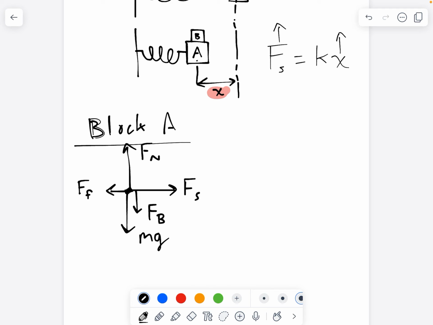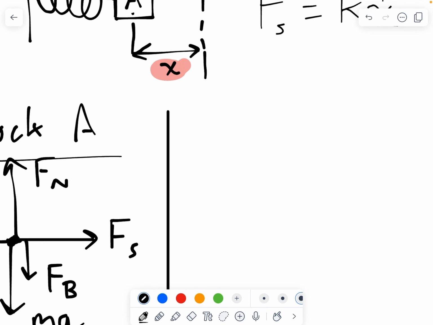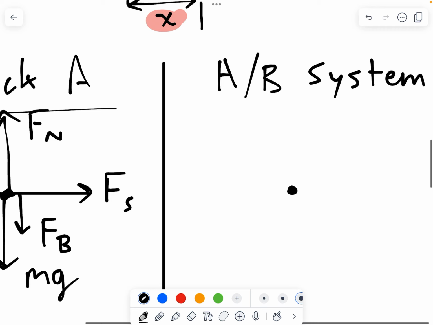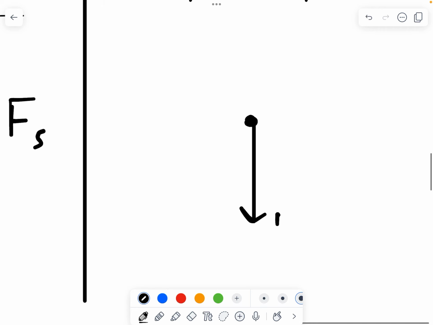A simplified version of the situation would be to look at it as a system. So let's say the A, B system. That's the two blocks and the spring acting together, or just the forces on the two blocks. Now we have the mass of the system. So to be clear, I'll put M of A plus B times g.